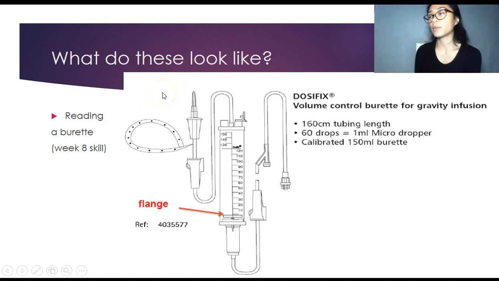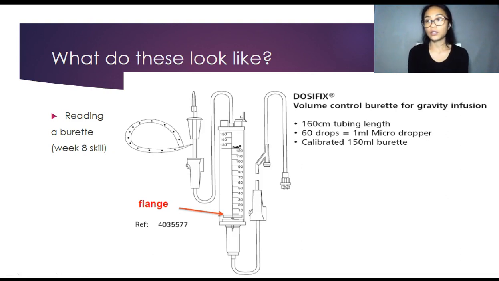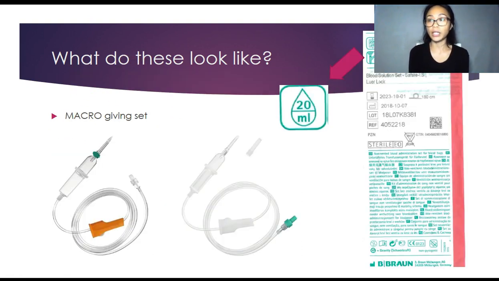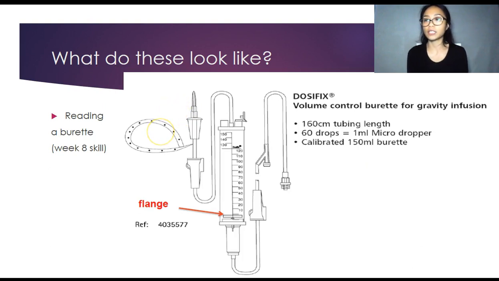This is just to elaborate a little bit more on micro giving sets. We're going to look at this more closely in week 8 of the semester. This is just a graphic to show you the different parts. The spike, this is not an accurate representation of what is like a plastic hook that we can bring up over the IV pole.